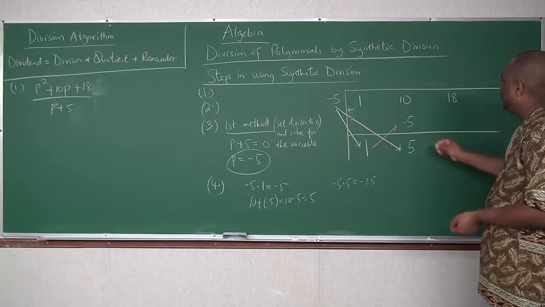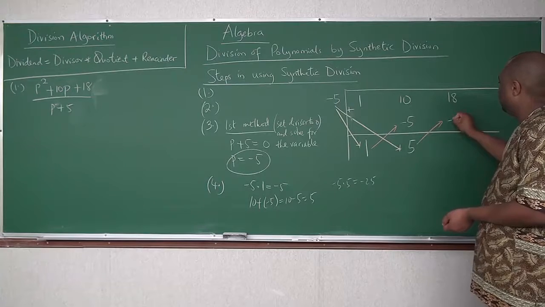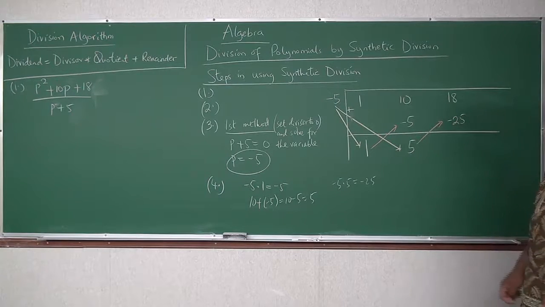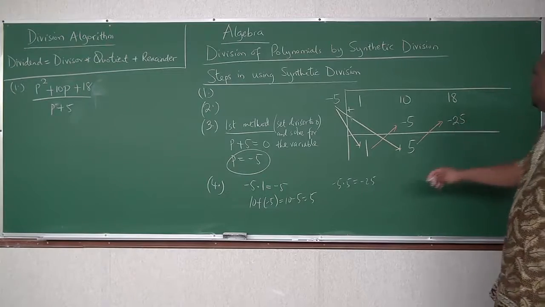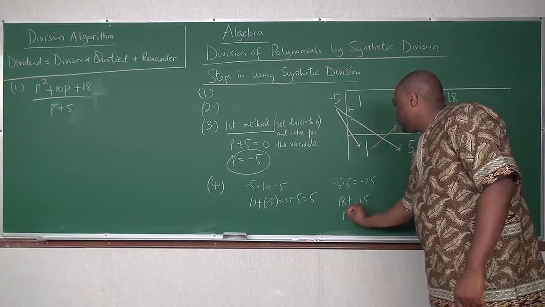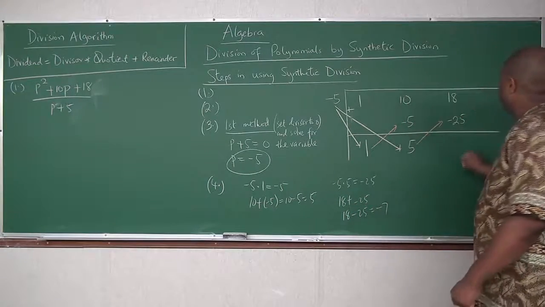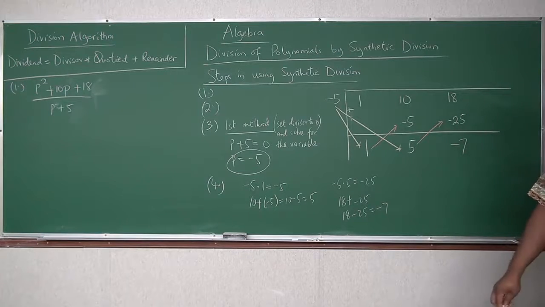I bring it here with this colored chalk. I put the -25 here. And then I do 18 plus -25. This is 18 minus 25, and this is -7. And then you stop.